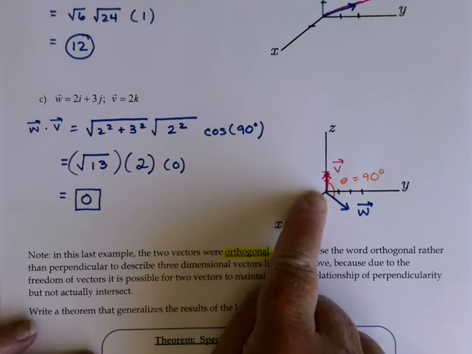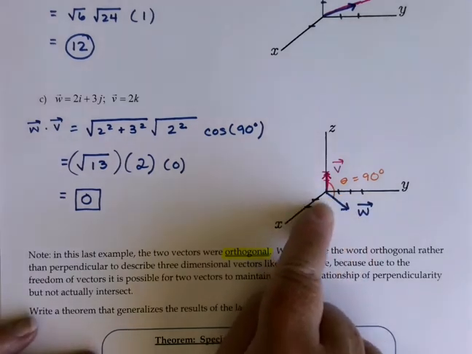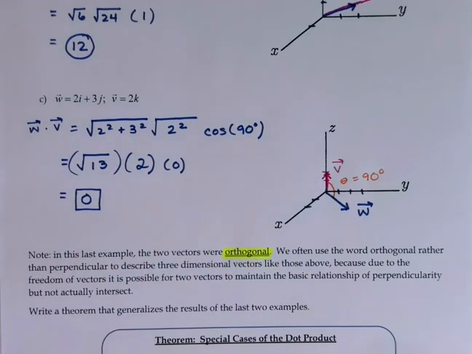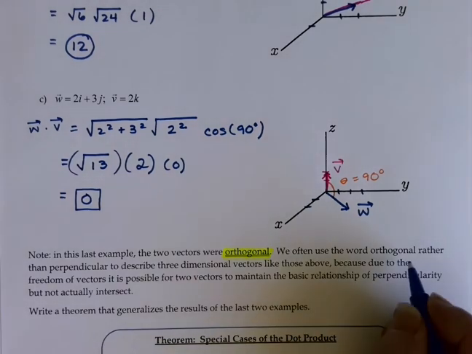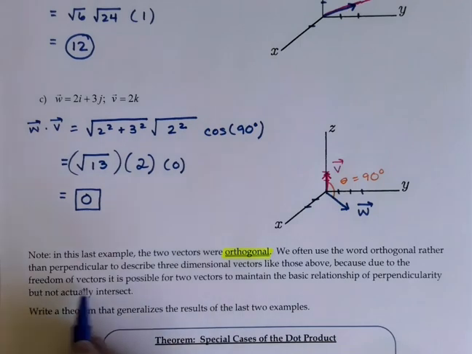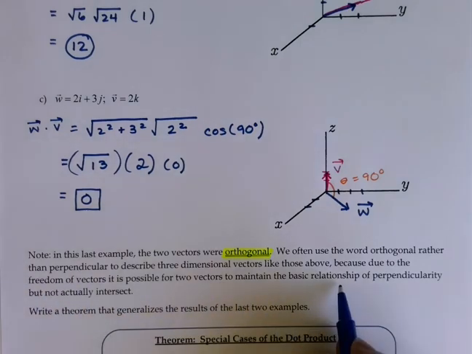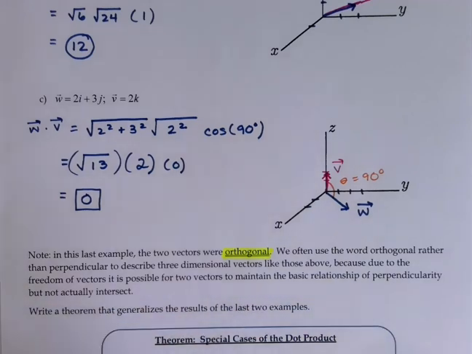I drew it in standard position, but it could have been anywhere out here, and it could have not exactly intersected with V, and yet that element of perpendicularity would still be there. And therefore, we use the word orthogonal, because of the freedom, vectors could maintain the basic relationship of perpendicularity, but not actually intersect.